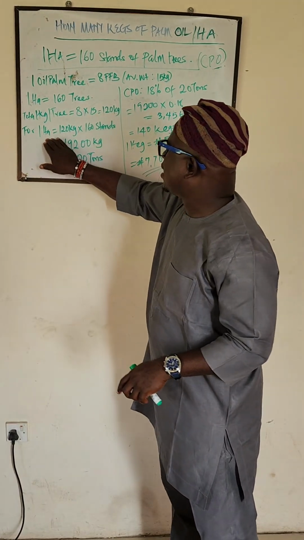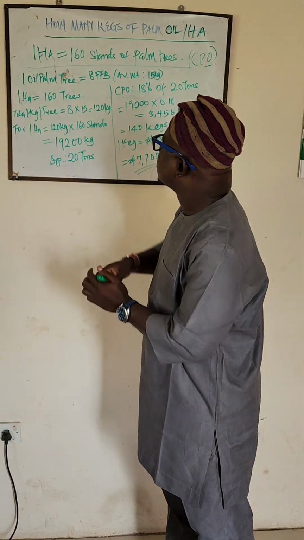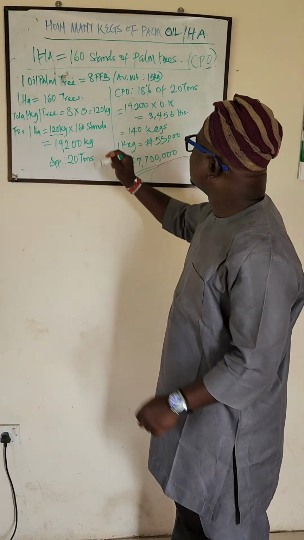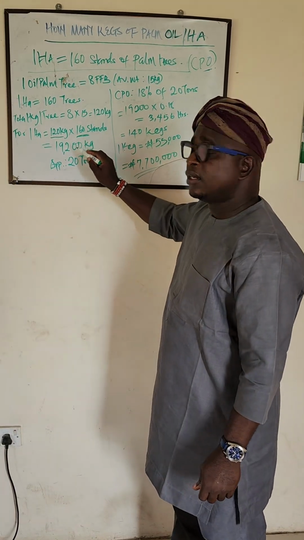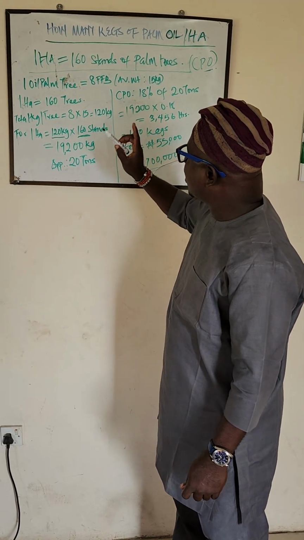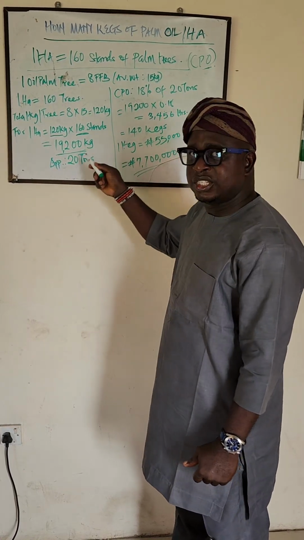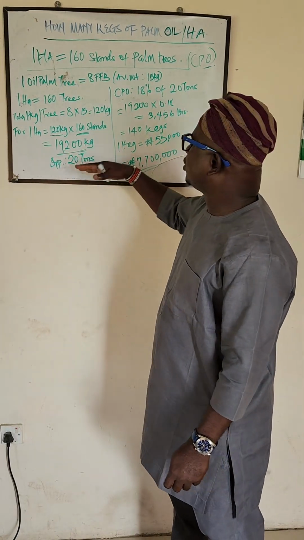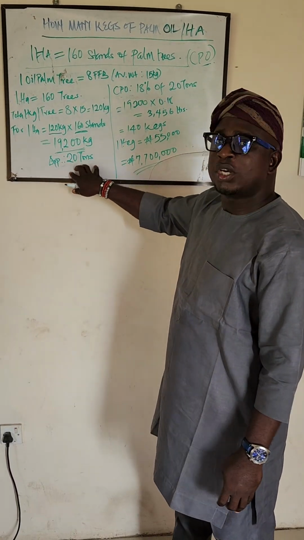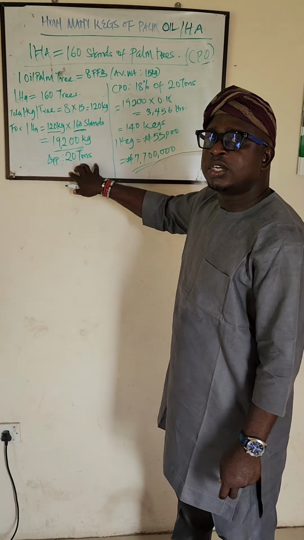For 1 hectare, which is 2.5 acres, you take this 120 kg times 160 stands of oil palm trees, and it gives you 19,200 kg. In tonnage, that is approximately 20 tons. Let us even assume 19 tons, but say approximately 20 tons.